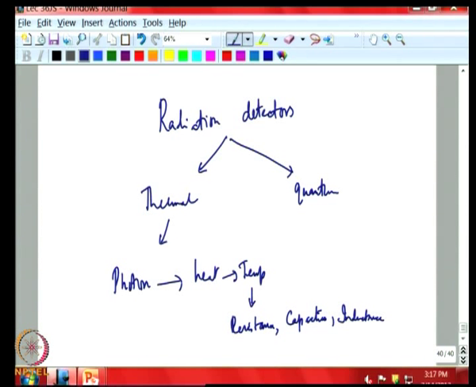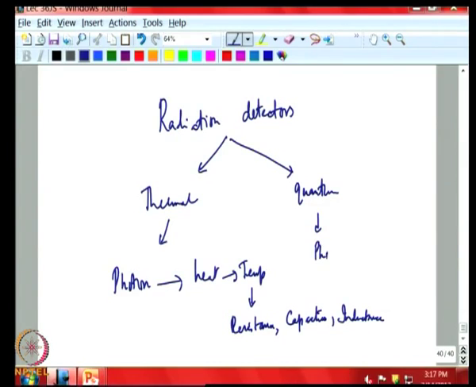So, a large number of detectors exist today for measuring radiation by merely allowing the radiation to impinge on an object, be absorbed, and the temperature rise is proportional to the incoming radiation.